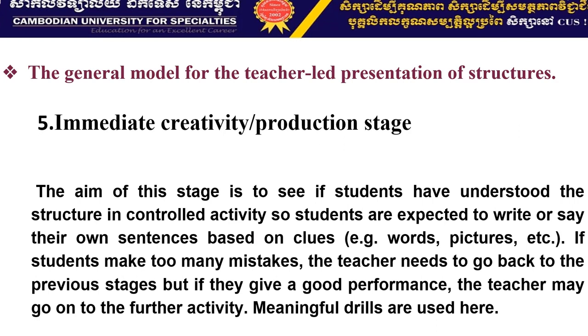Students are expected to write or say their own sentences based on clues, for example words, pictures, etc. If students make too many mistakes, the teacher needs to go back to the previous stage. But if they give a good performance, the teacher may go on to the next activity. Meaningful drills are used here. That's all for my point, and I want to invite Sister Charia to do the presentation next.